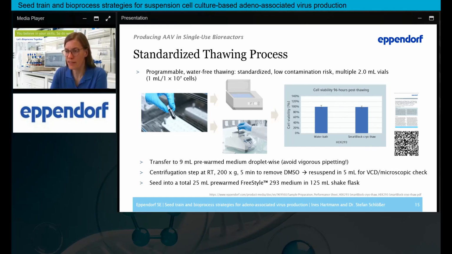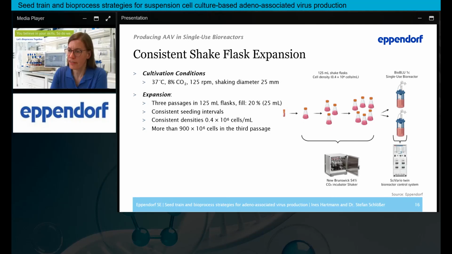We always add a centrifugation step to remove the DMSO, and then we resuspend it to check for viable cell density and do a microscopic check, and seed it into a small flask first, a 125 ml shake flask with 20% fill volume. And the cultivation conditions are according to the protocol.